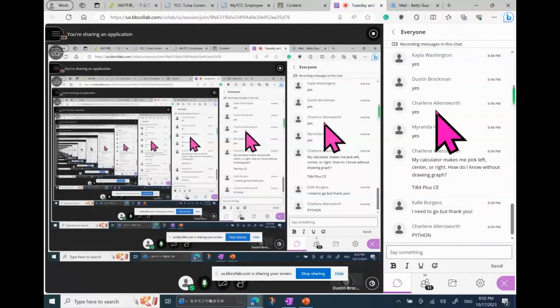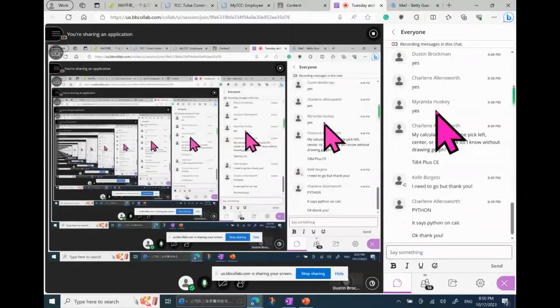Really, you are using Python? It's not allowed for the test, though. TI-84 Plus CE, then what do you enter for Python? If you have that, then choose the left tail.